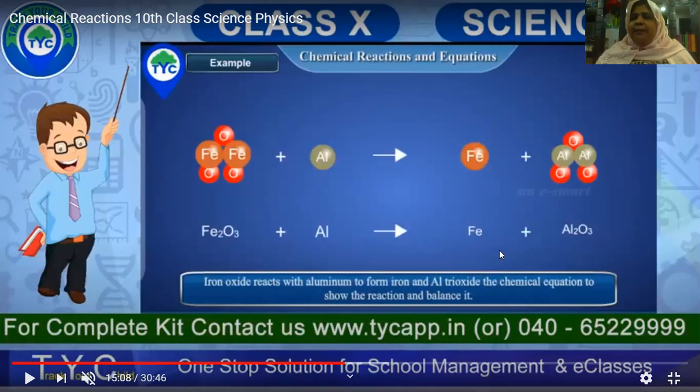So oxygen is balanced here, we need not touch it. Whereas for aluminium, we are taking 1 atom of aluminium in the reactants and getting 2 atoms of aluminium in the products. So aluminium has to be balanced. Let us see how we can balance this. Try it out. Before you get the answer, just think how you can balance this equation.